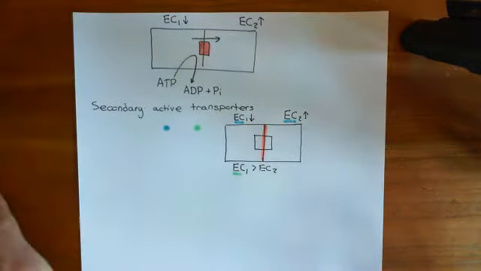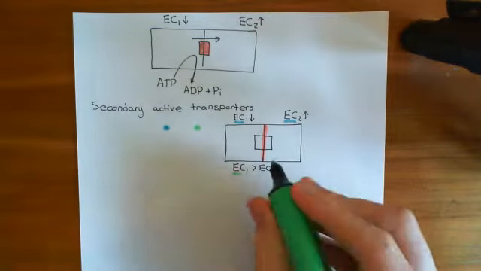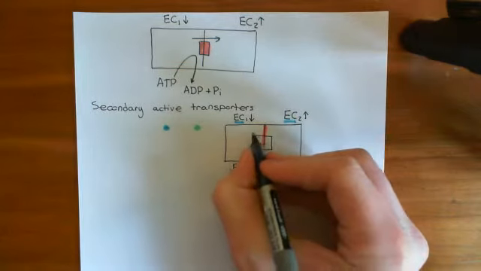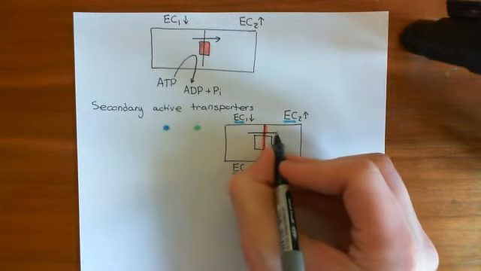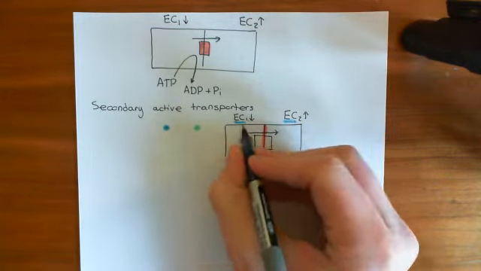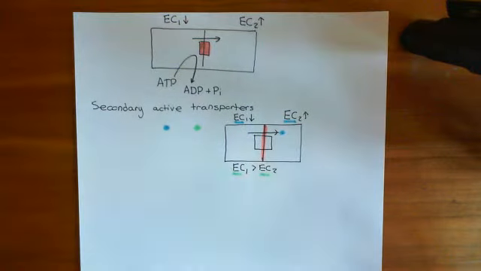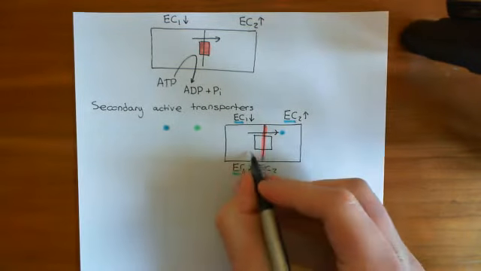So basically the idea is that this secondary active transporter can move blue up its electrochemical gradient, from compartment 1 to compartment 2, if it then moves a molecule of green down its electrochemical gradient.